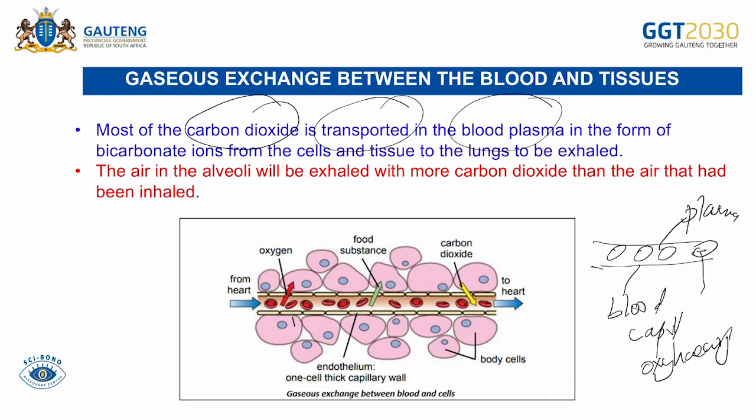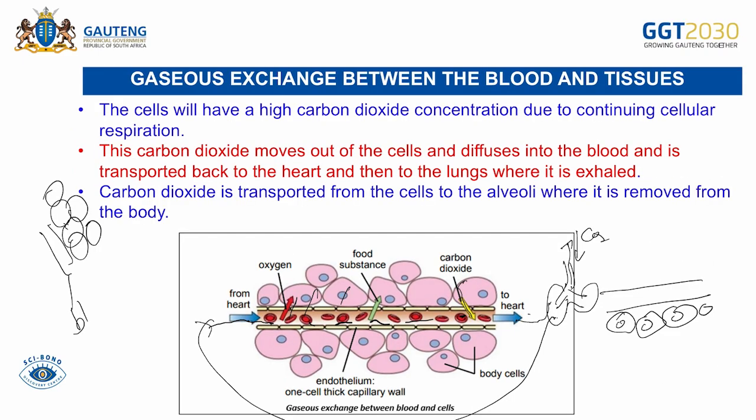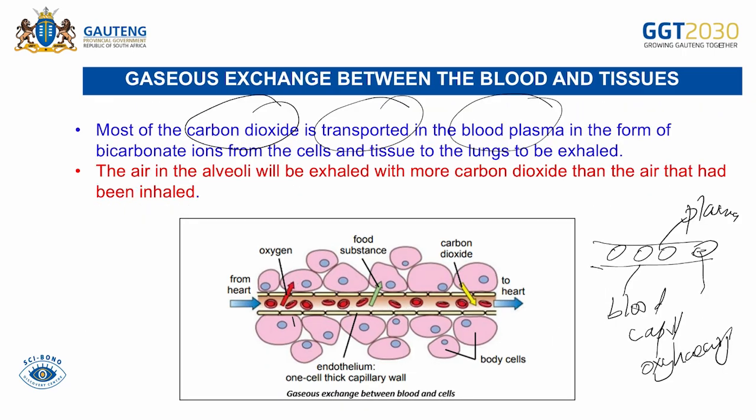Okay. Just to go back here, we can see that the air in the alveoli will be exhaled with more carbon dioxide, all right? And most of the carbon dioxide is also transported in the plasma in the form of bicarbonate ions. So how is carbon dioxide going to be transported?